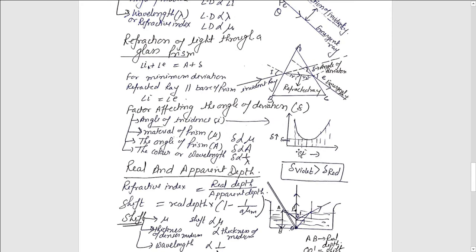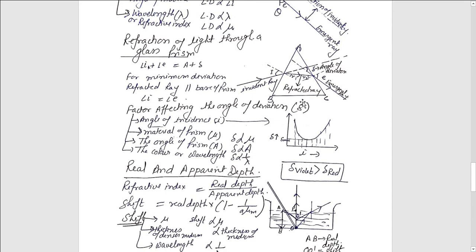You look at this. Here the angle of incidence increases but the angle of deviation decreases. It means initially, when the angle of incidence increases, the angle of deviation decreases. After minimum deviation, it starts increasing with increase in angle of incidence. On the y-axis we take the angle of deviation, on the x-axis we take the angle of incidence.